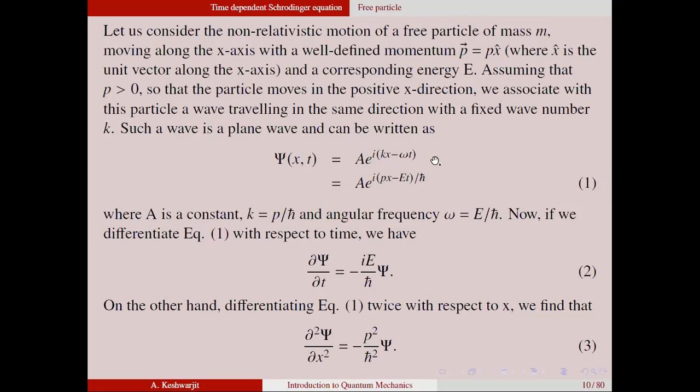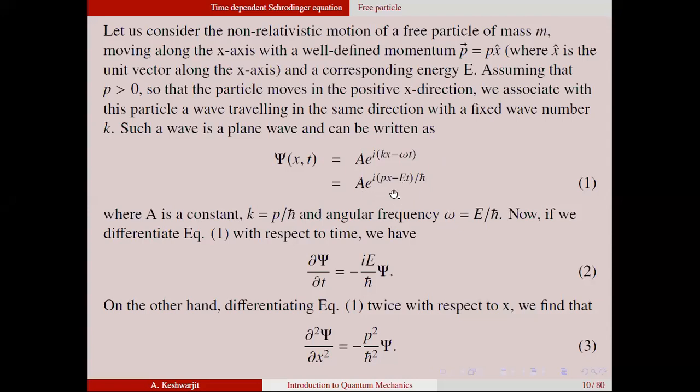And we already know the relation between k and p. I think we should start with this second expression and come to the first expression, because this p represents momentum of the particle, this E represents energy of the particle.